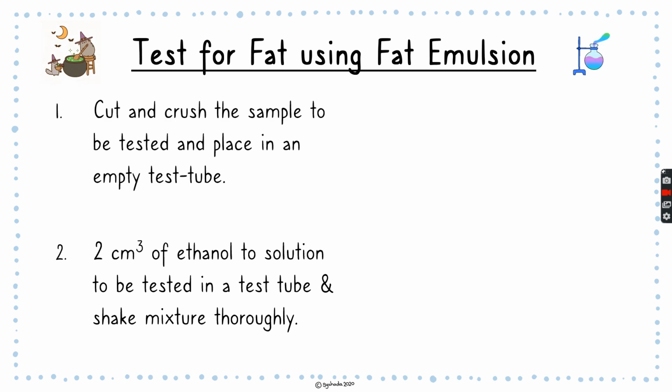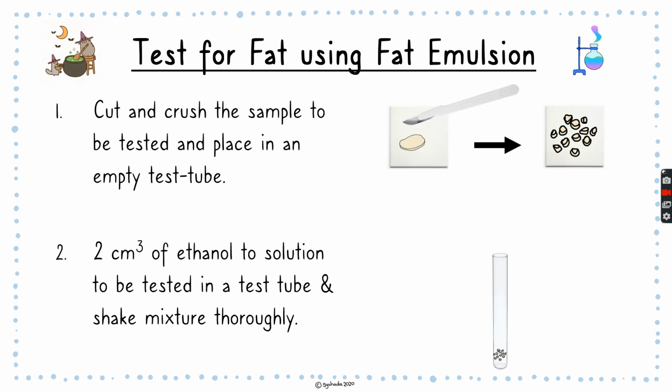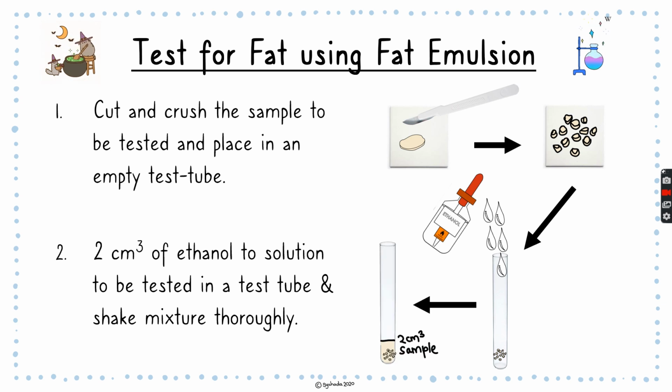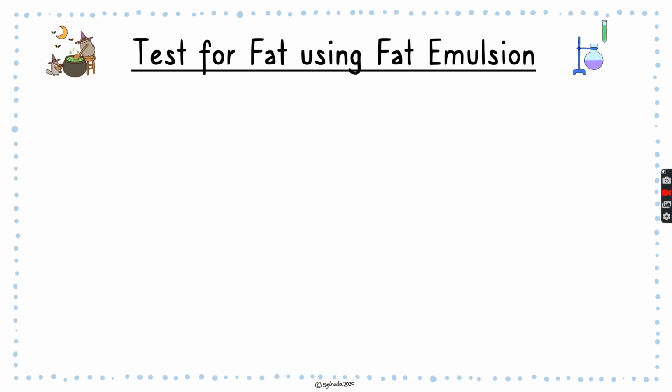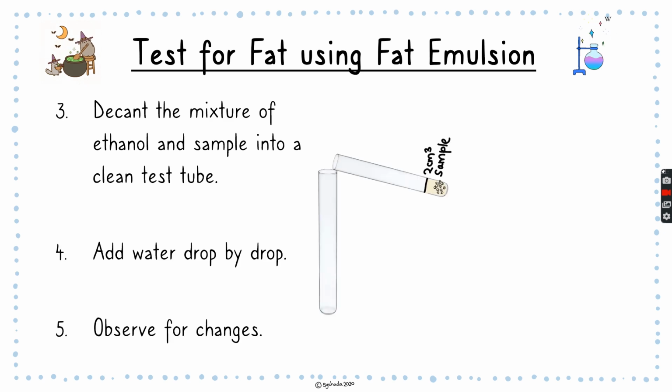Okay, so after we've cut our peanut into little pieces, we put them in a test tube, add the ethanol to dissolve the fat or lipid in the peanut, so we get 2 cm cube of the sample. Then after that, we want to decant. Decanting means to transfer the liquid into a new test tube.